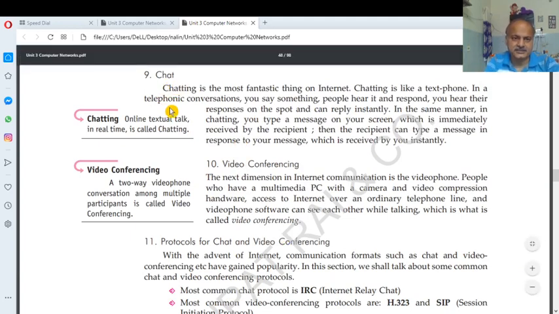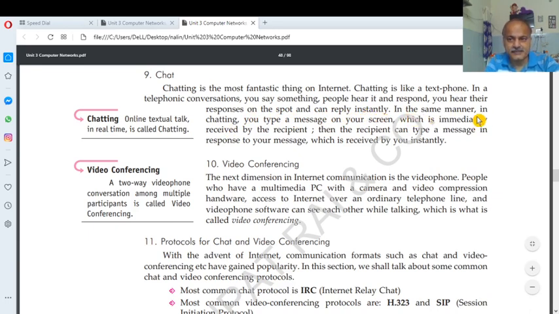Now the chat. Chatting is the most fantastic thing on the internet. Chatting is like a text phone. In a telephonic conversation, you say something, people hear it and respond. You hear their response on the spot and can reply instantly.